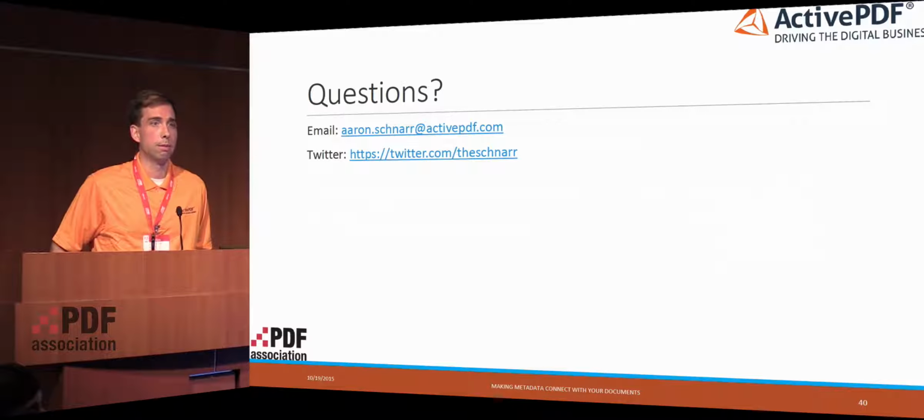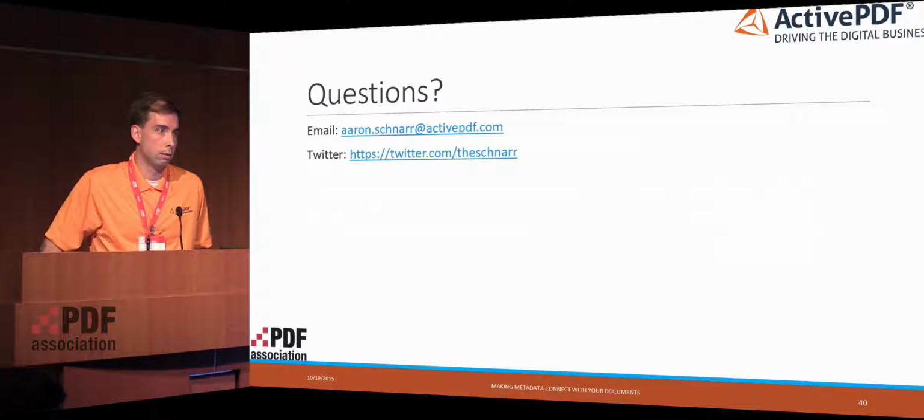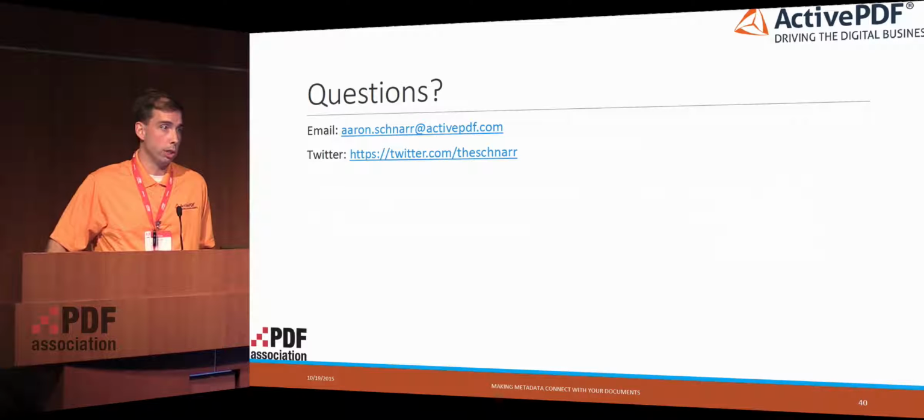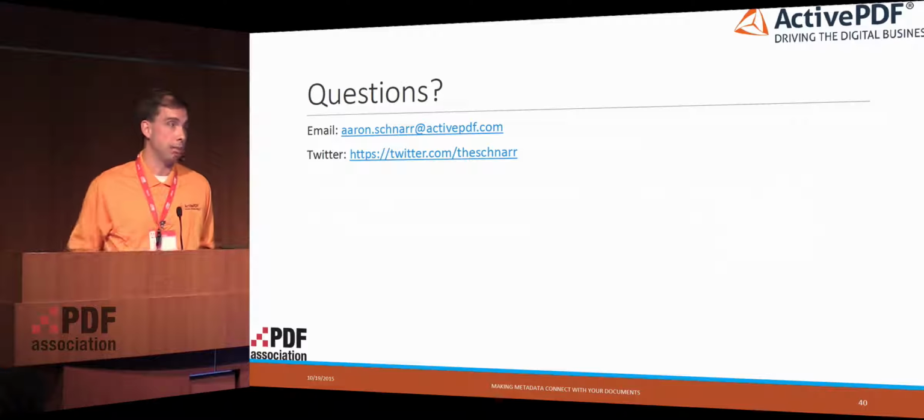Other questions? Yeah. The PDF spec says you can have metadata that's associated with images or other content. I'm not sure I've ever seen that used in practice. Do you see it? Metadata is not something that we currently see a lot of. We're definitely wanting to encourage people to do more of it, but you are correct, you can associate it with images inside PDF.